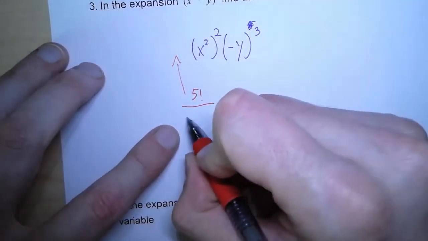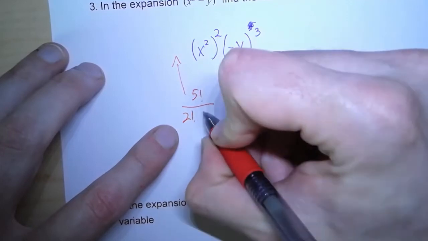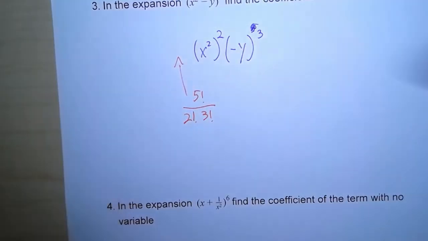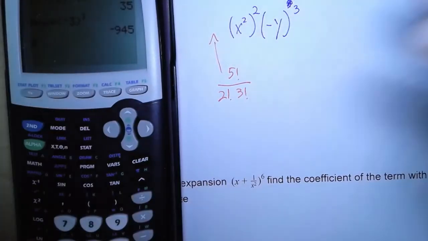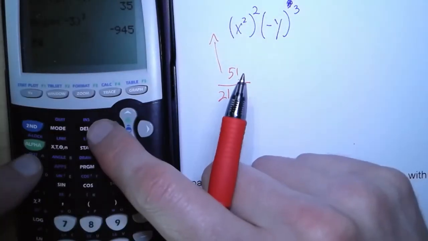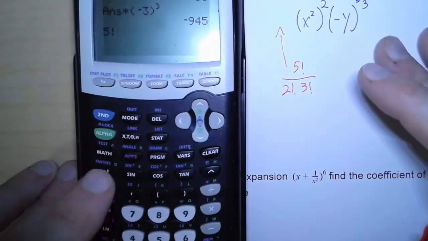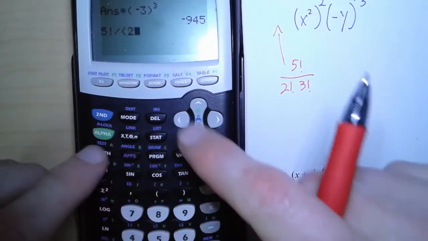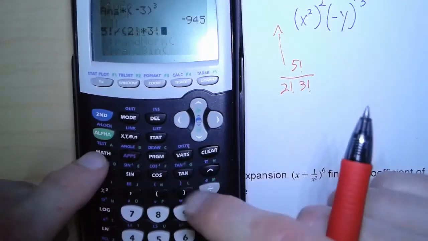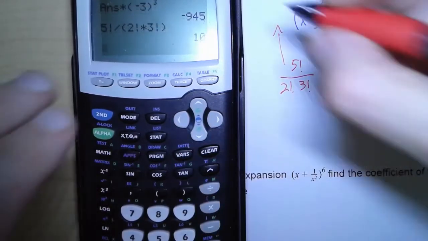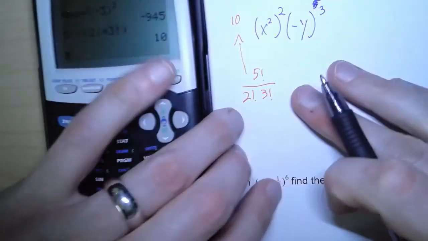The numbers in the denominator happen to be these two powers right here, 2 factorial and 3 factorial. So 5 factorial divided by 2 factorial times 3 factorial, and we get 10 as the coefficient out front.